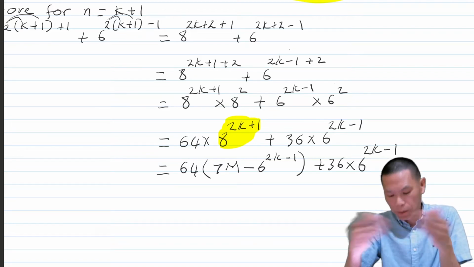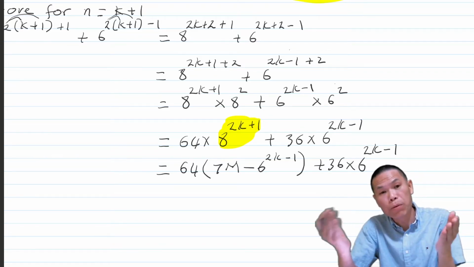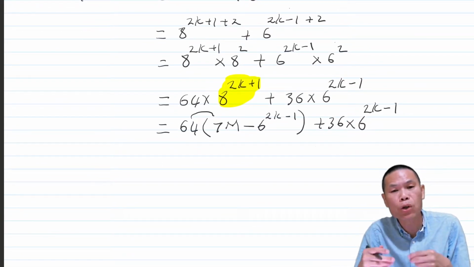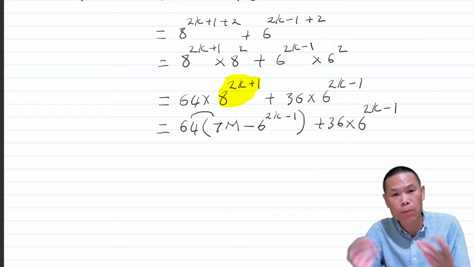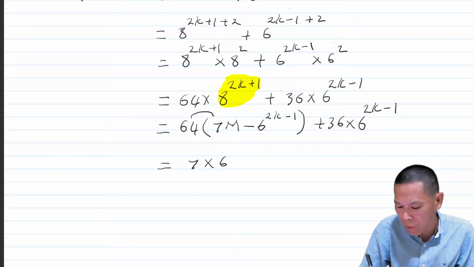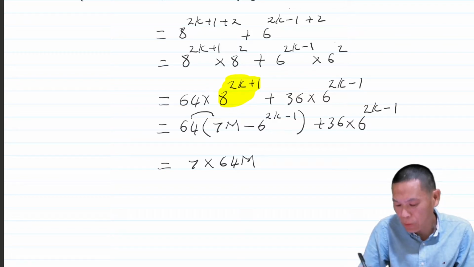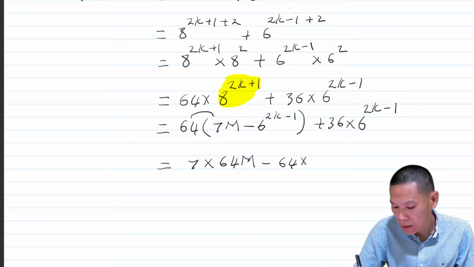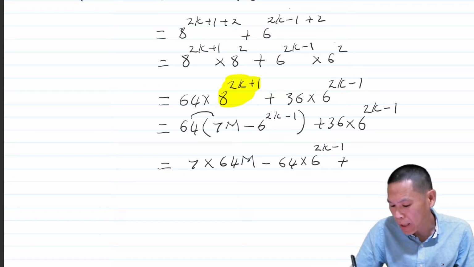So now I just expand it out and then I simplify. I'm not going to work these out because I'm going to take out 7 anyway as a common factor. So I just write this out first. So 7 times 64m, or 64 times 7m is the same, minus 64 times 6^(2k-1) plus 36 times 6^(2k-1).